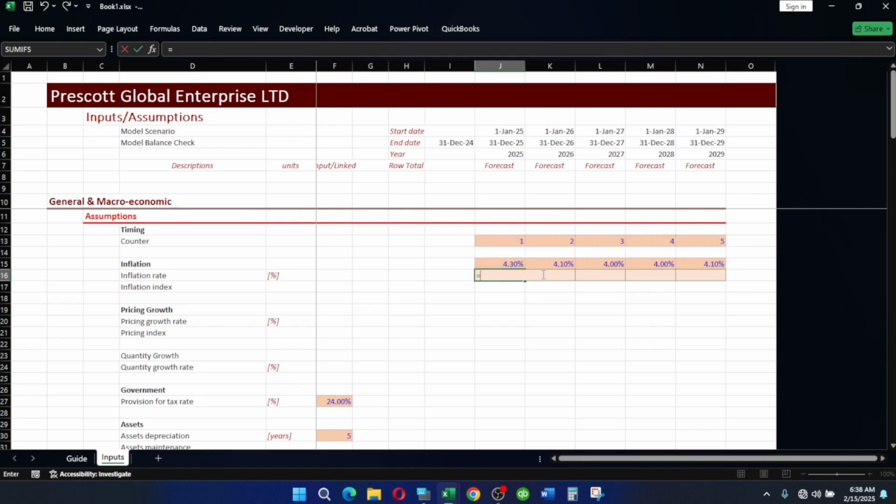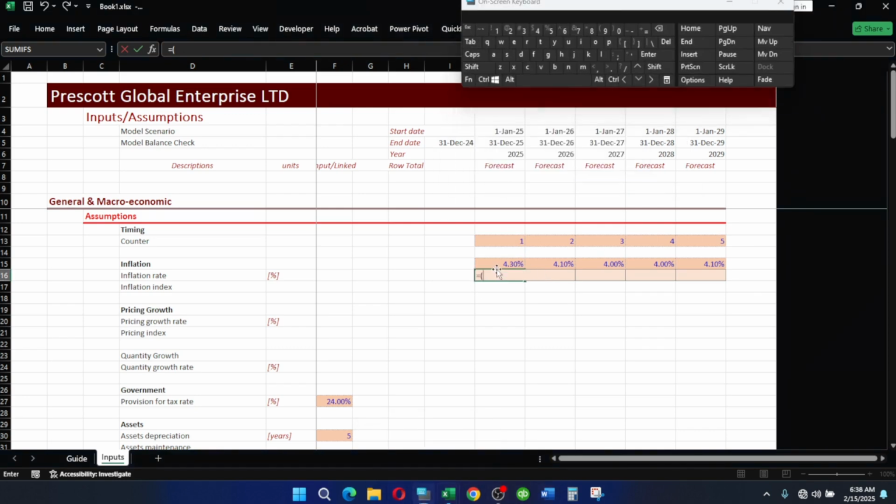To calculate your inflation index here, you're going to say open bracket 1 plus the inflation rate, close bracket, raised to the power of open bracket your counter, that is a period, minus 1, close the bracket, you enter.